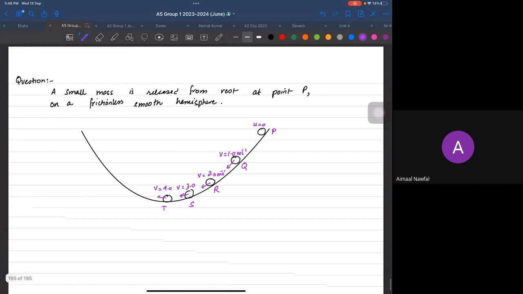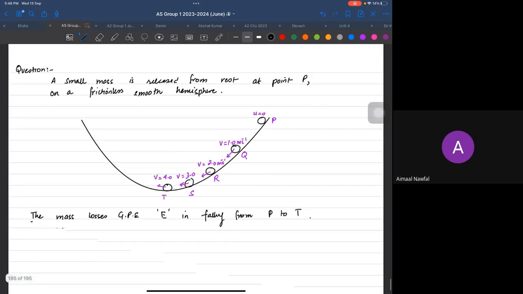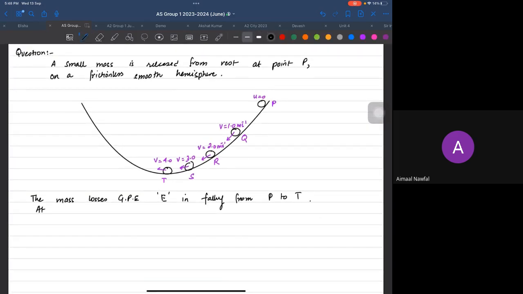Now they say that the mass loses gravitational potential energy E in falling from P to T. Now they ask, at what point amongst P, Q, R, S, T the mass has lost GPE by E over 4, or one quarter?